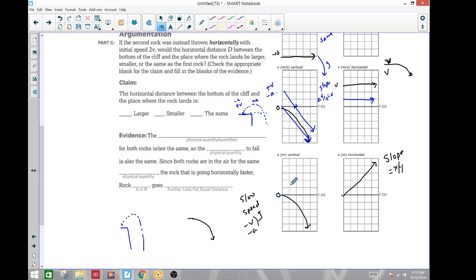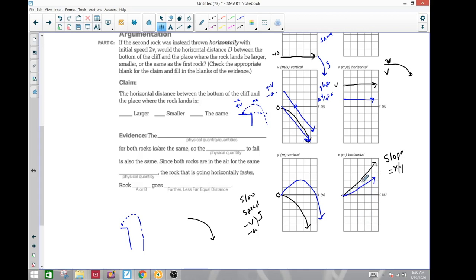So it's going to go up, come to a stop, and then start to accelerate down. It's going to mimic the parabolic motion. And then horizontal is going to be less and constant, like that.